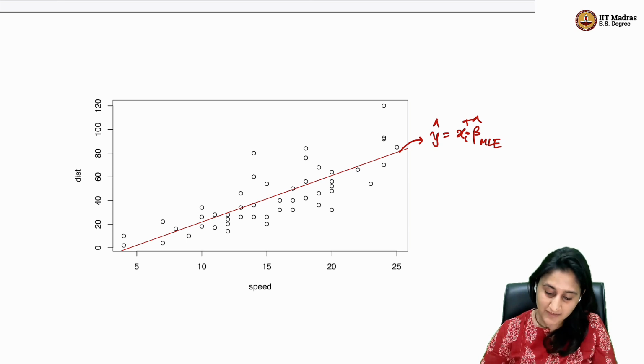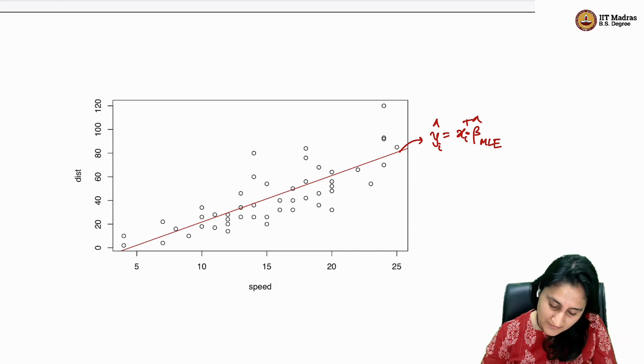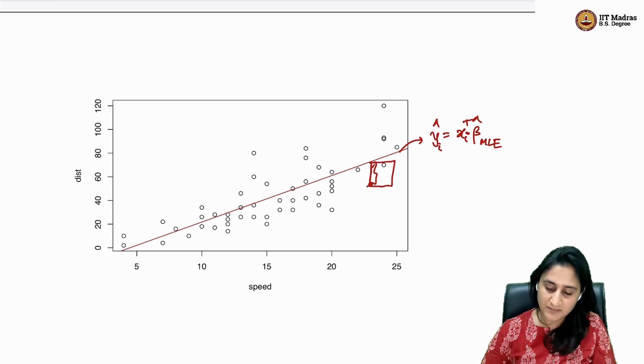Okay, so this line is exactly y hat_i equals x_i transpose beta hat, MLE, and the distance of this point from this line, square it. So squaring it means that I'm sort of making a box, right? This is the amount of variation that I am guessing is coming from this observation.